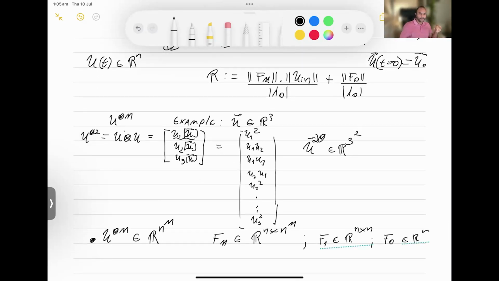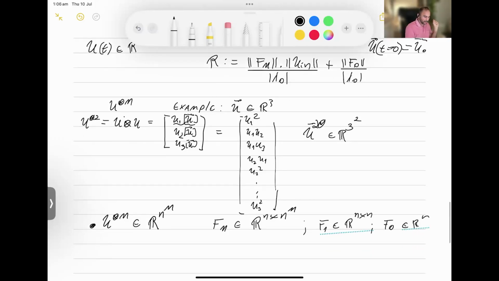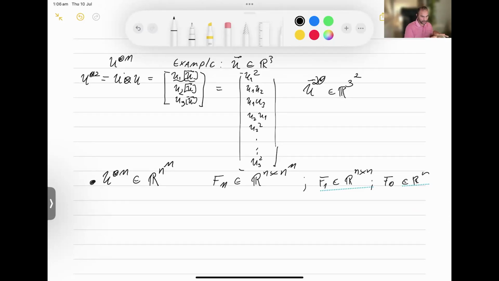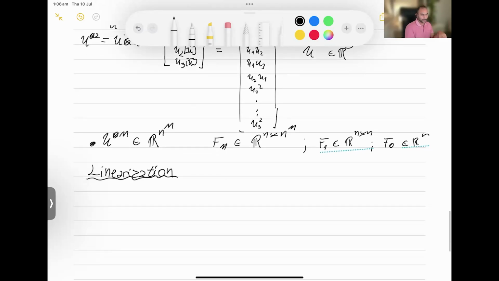Okay. Now the derivation is a bit more complicated, but the steps pretty much follow the same. So now how are we going to do the linearization? Again, you're going to define new variables in terms of these monomials, but now in terms of these Kronecker products.